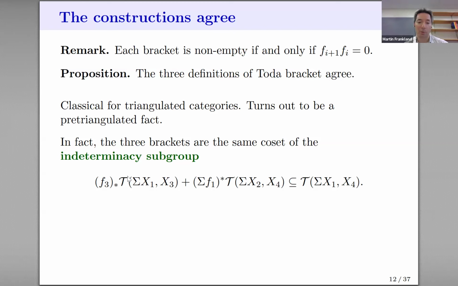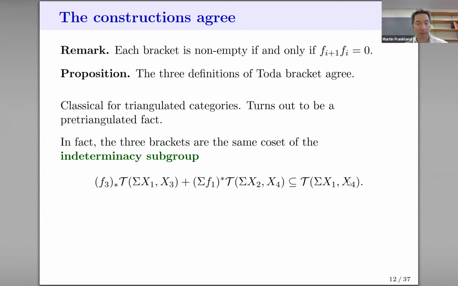When I picked a null homotopy of F1 followed by F2, the different choices of null homotopy are really the maps from the suspension of X1 into X3. And that's why changing that choice of null homotopy can give you a different element, and likewise for the other one. And so the choices involved in the construction give you those different possible elements in the end.